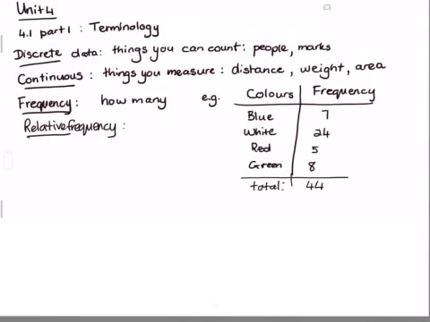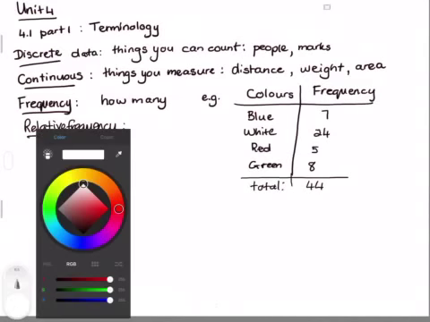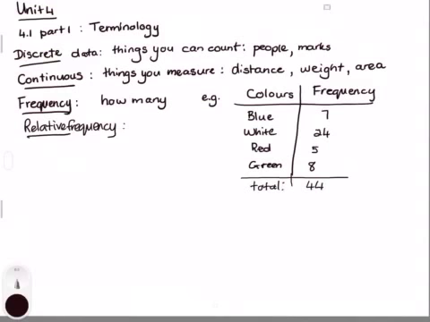Relative frequency. Say, for instance, what is the relative frequency of green cars? Then you take the frequency over the total.